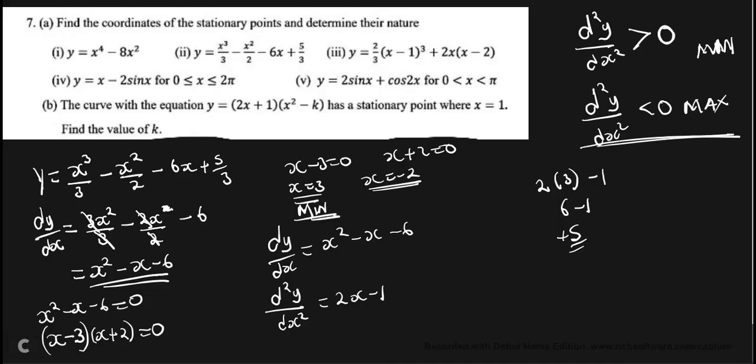Then, the other one, you check x equals negative 2. So meaning that wherever there is x, you put negative 2, and you get negative 5. So this one is a maximum. Just like that. Simple and straightforward.